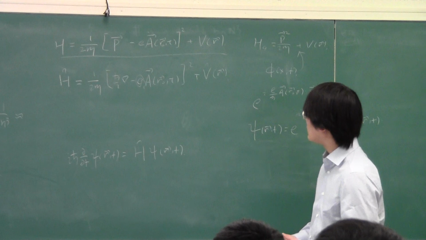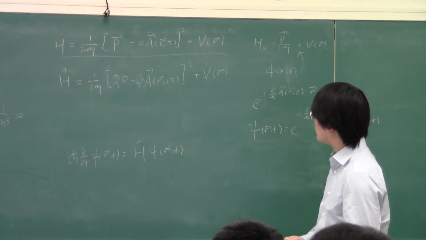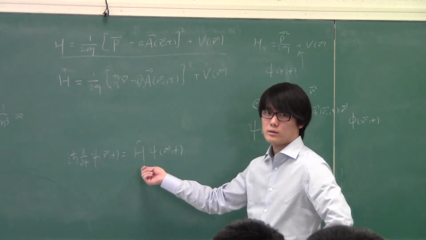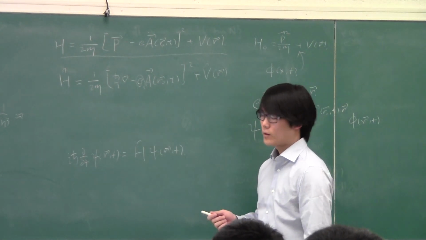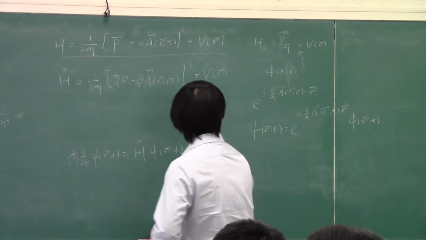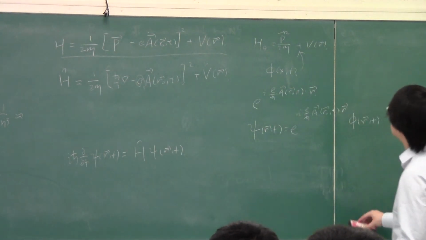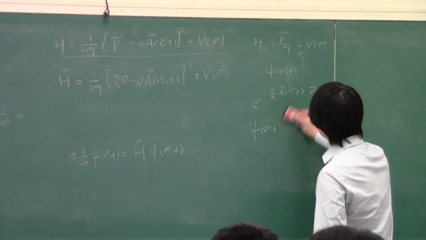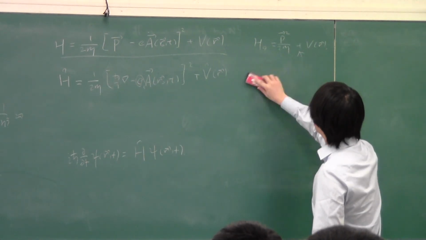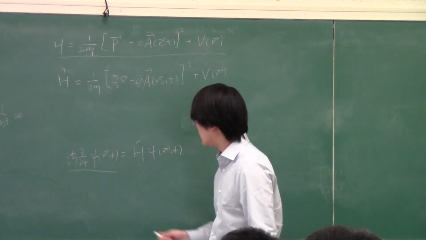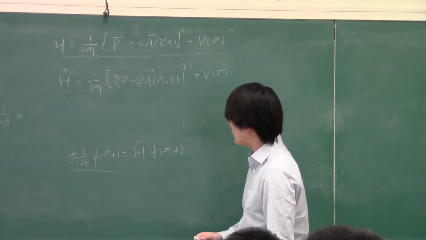So now our task basically is to plug the Hamiltonian into here. Right. And that's a bit laborious. So let me do it starting over here. Okay. This is the definition. So on this side, we have the time derivative.